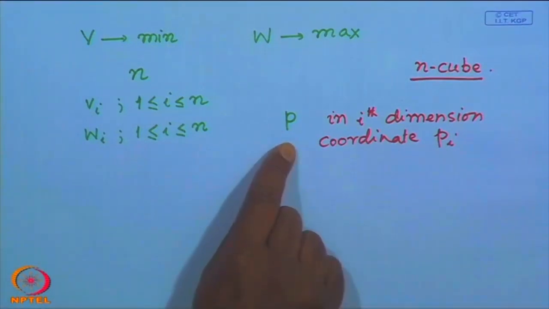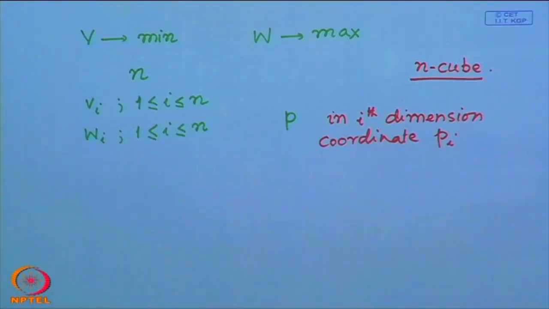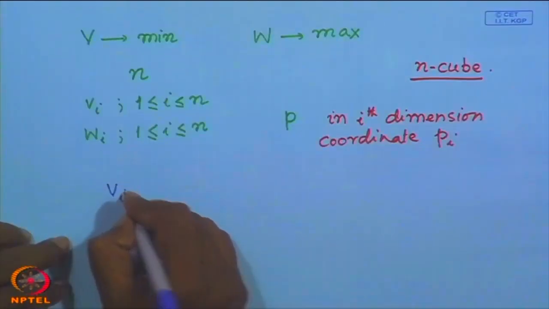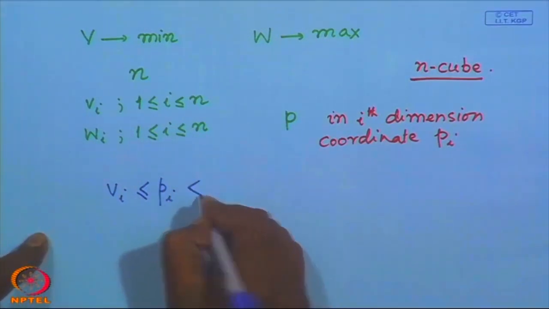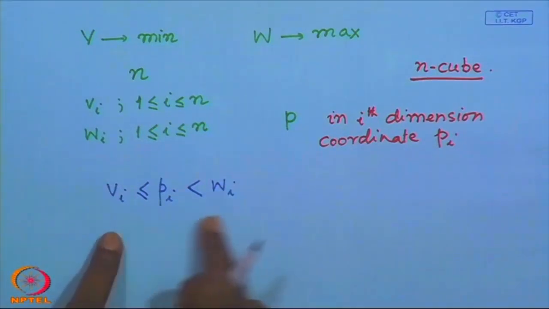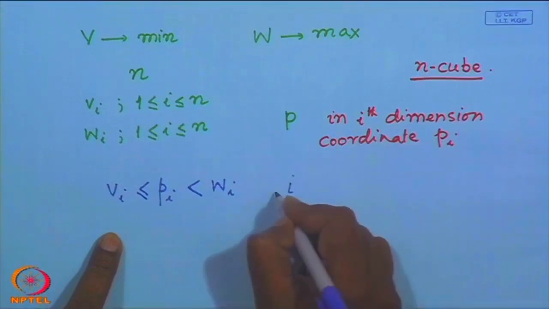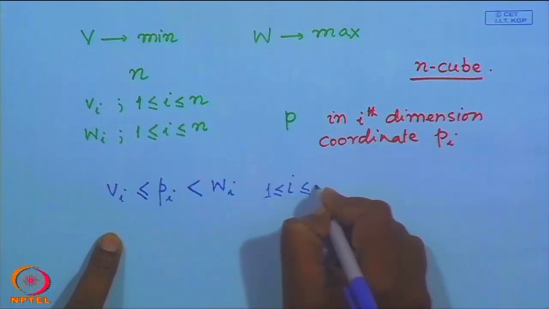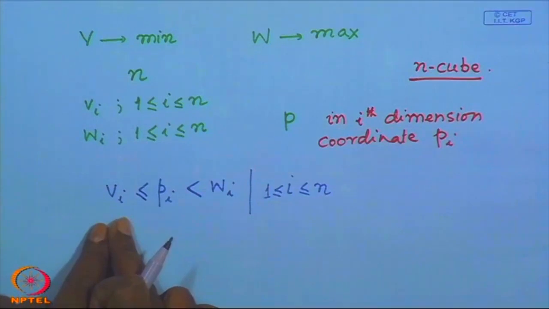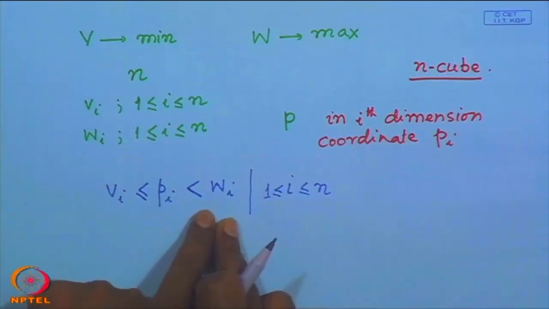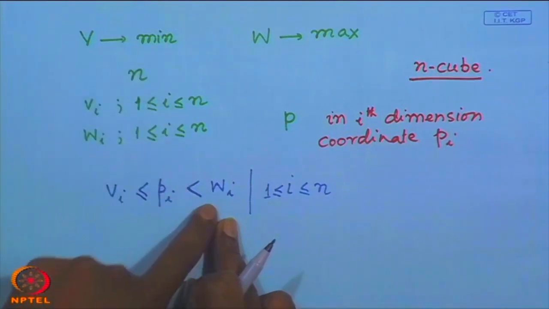If this P has to lie within the volume element, or within the bin defined by V and W, I must have the condition that V I must be less than or equal to P I, the corresponding coordinate, which must be less than W I. And this has to be satisfied for all I within 1 to n, V being the mean point and W being the max point.